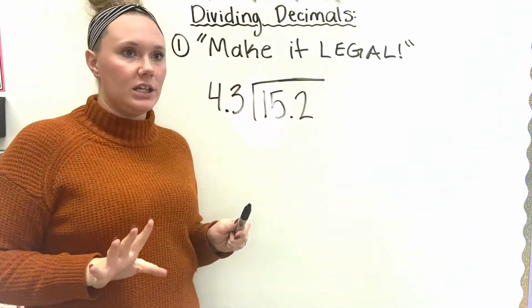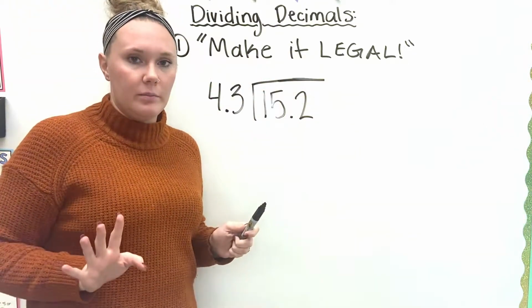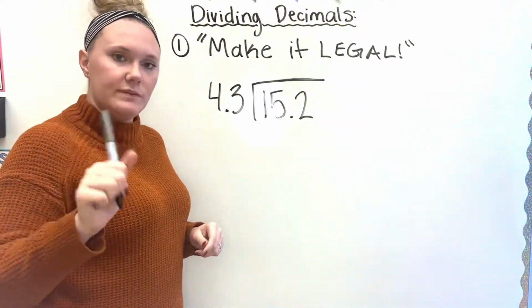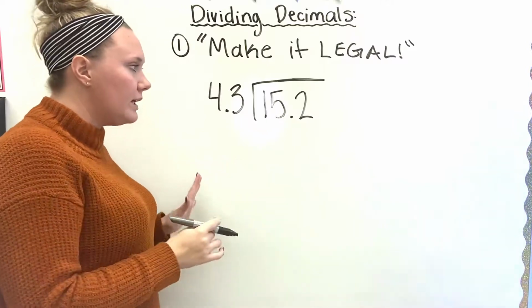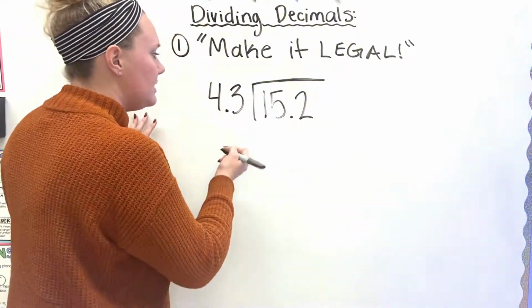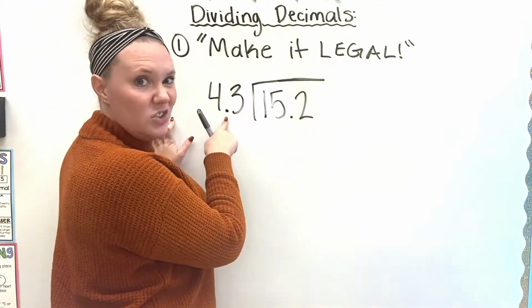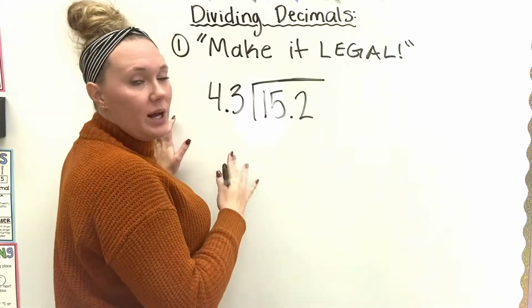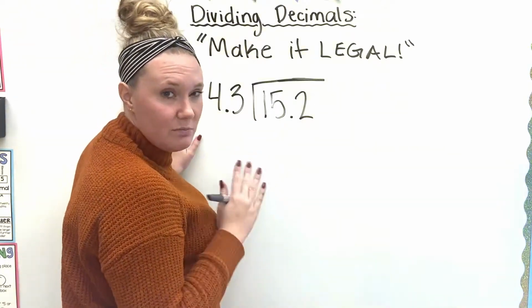You get to pretend like you're the decimal police, and you get to go around and make these decimal division problems legal. So before we can work it out, we have to make it legal. And that means you need to take this decimal here and get rid of it. I need to put it in a place where when I take it out, it really won't change much at all.